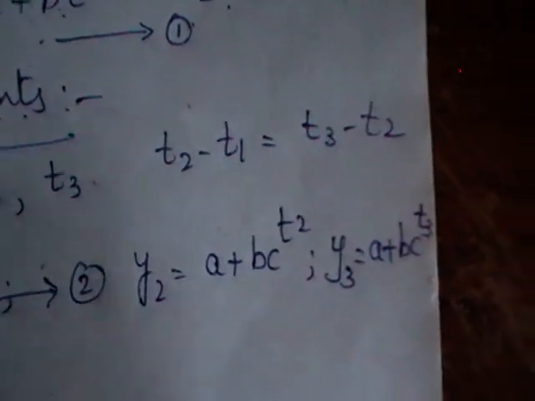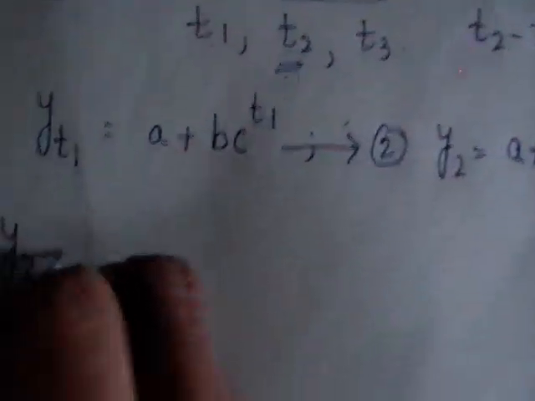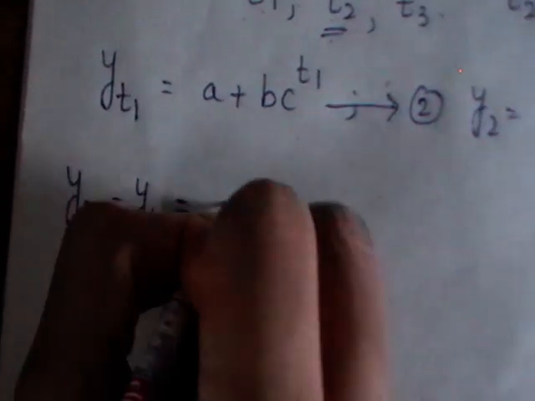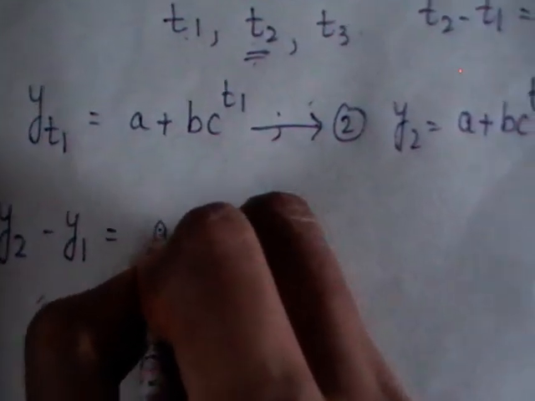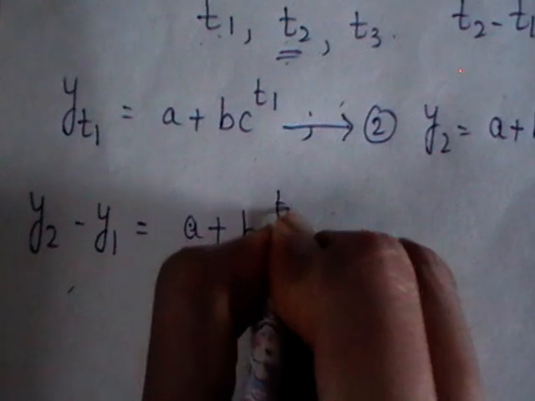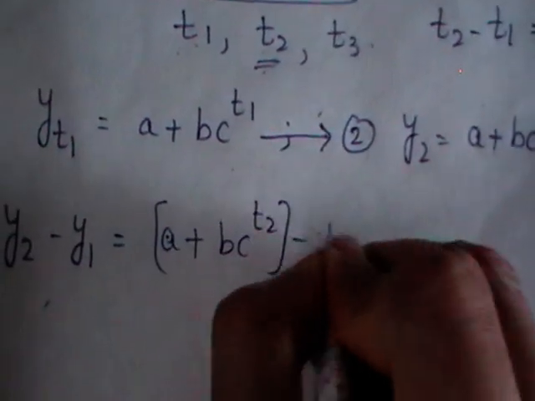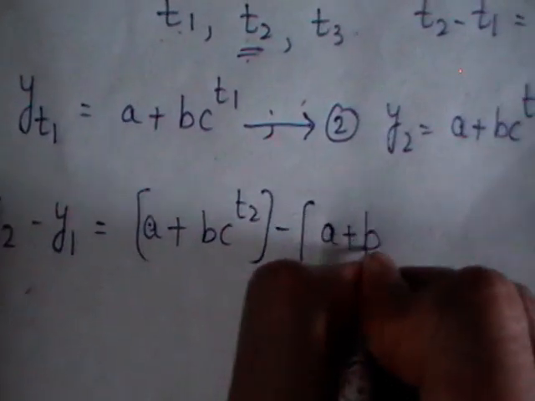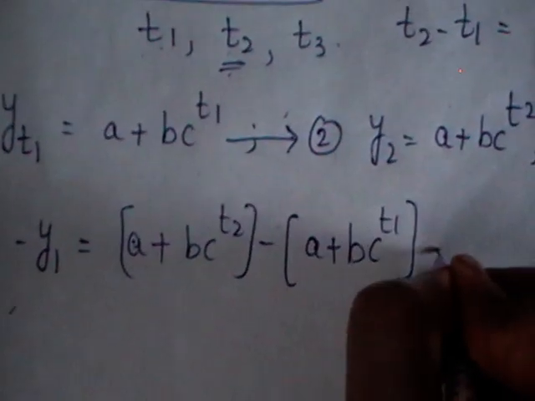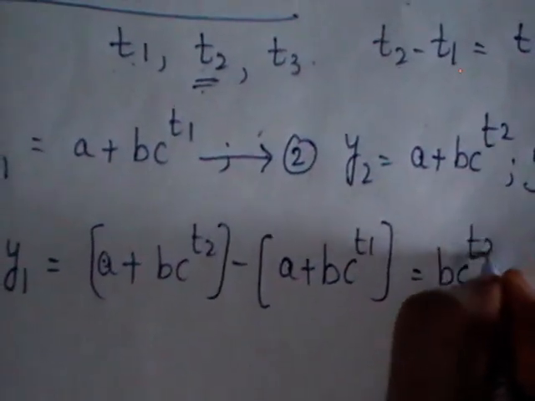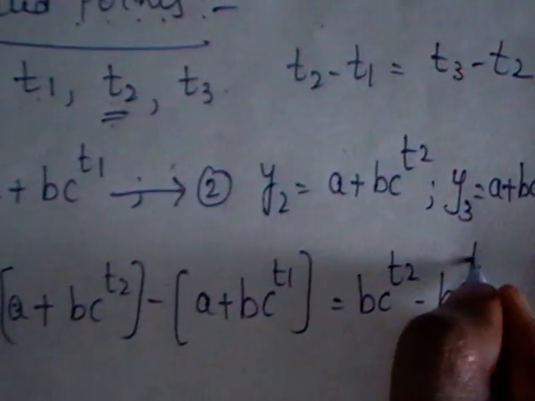Now let us find out y2 minus y1. y2 minus y1 will be a plus b c power t2 minus a plus b c power t1, which is nothing but b c power t2 minus b c power t1.